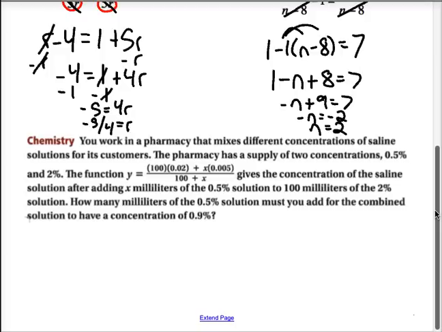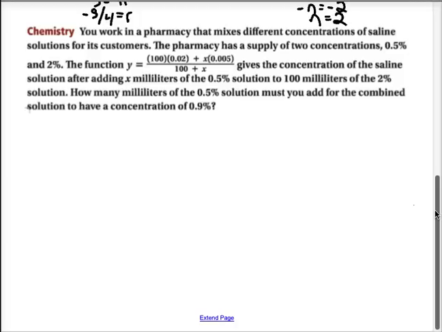All right. So basically, the first thing we have to understand is what these variables are representing. X is representing the milliliters of that 0.5% solution.